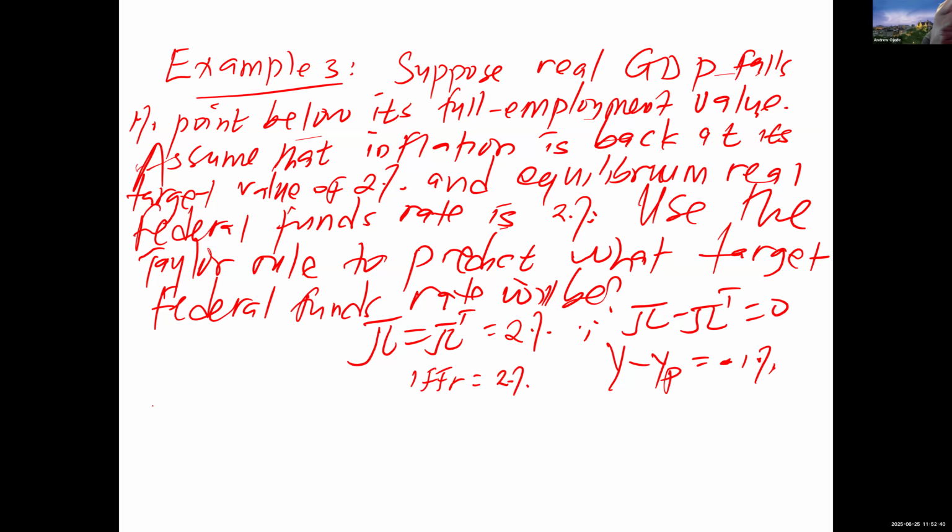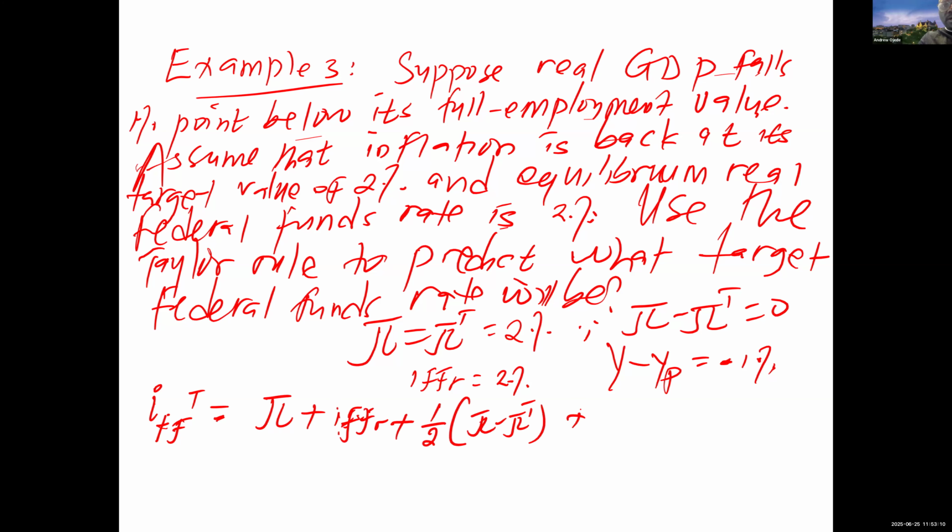So according to Taylor, we need to find how we can set this federal funds rate. So IFFT is given by inflation plus equilibrium real federal funds rate plus 1/2 times the inflation gap, plus 1/2 times the output gap.